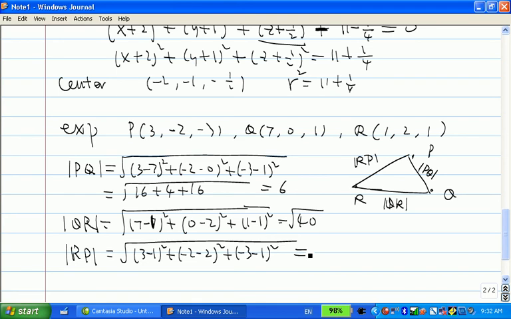So the first one gives you 2 square, then 4 square, then 4 square. Okay. Which gives you 36 again, gives you 6.